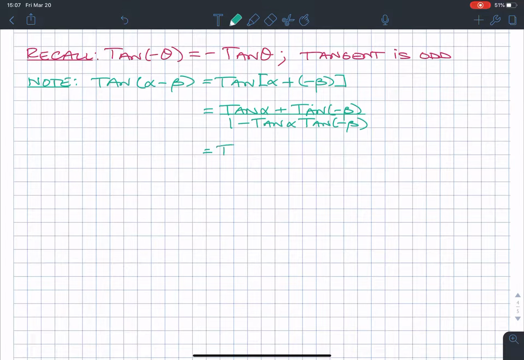So factoring out the negative in each instance of tangent of negative beta, the numerator now becomes tangent alpha minus tangent of beta, because tangent is odd, divided by 1 minus a negative, or 1 plus tangent of alpha times tangent of beta.